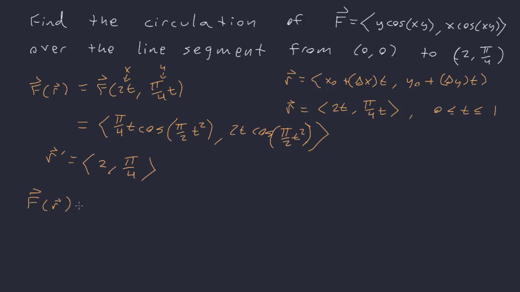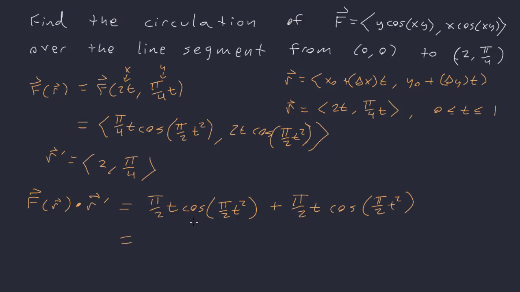All right, and we're going to take the dot product, which, when we multiply these together, gives pi over 2 t cosine of pi over 2 t squared plus, once again, pi over 2 t times cosine of pi over 2 t squared.